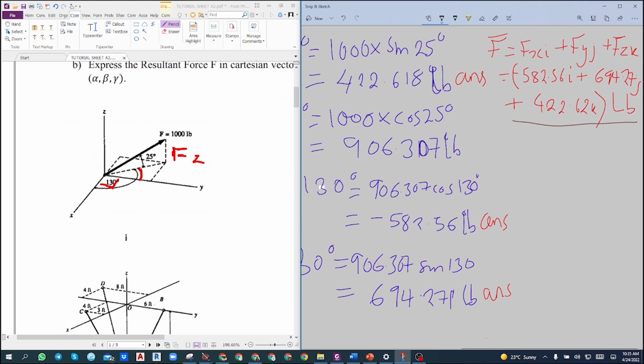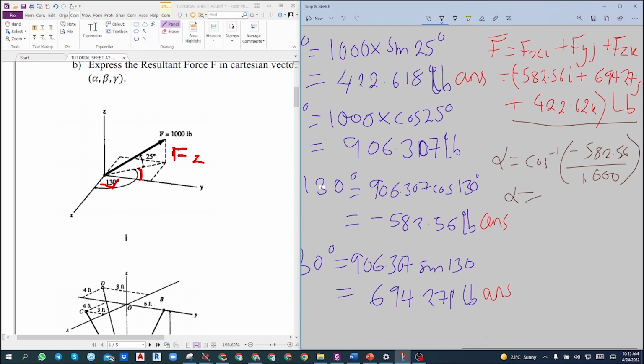Then for the second part now, where we have to find angle alpha, we know that alpha is equal to cos inverse of FX, which is negative 582.56 over the magnitude of the force, which we've been given to be 1000.